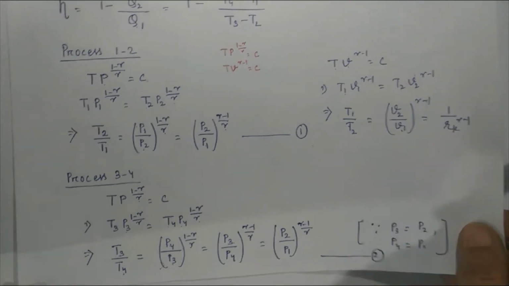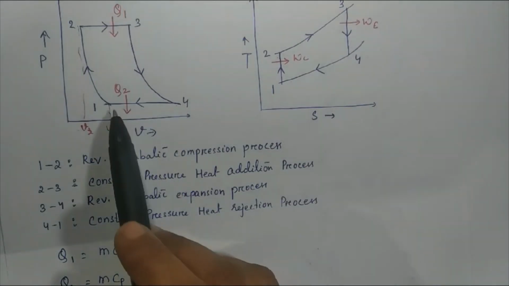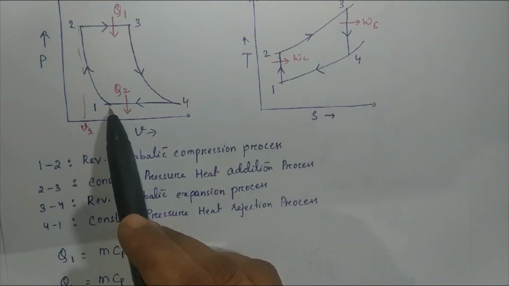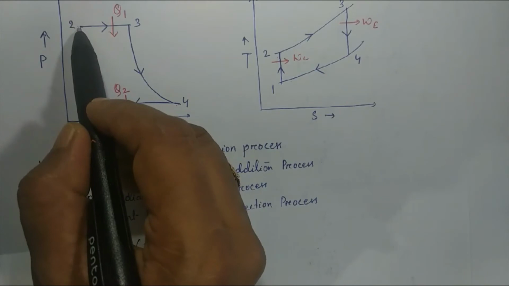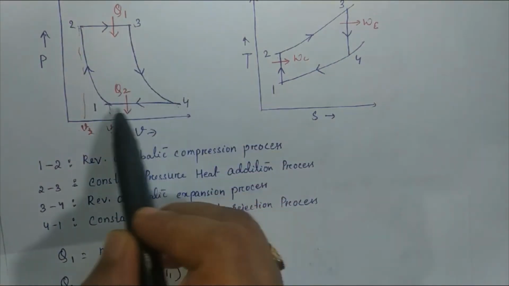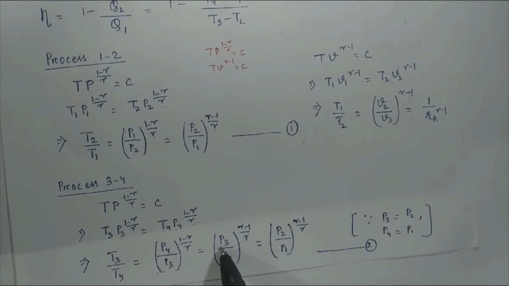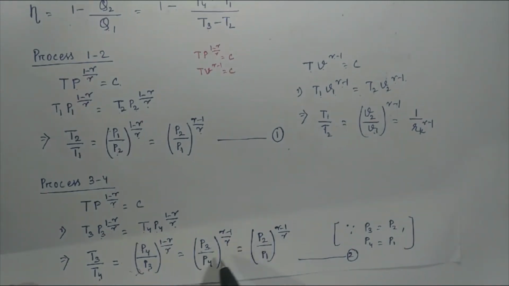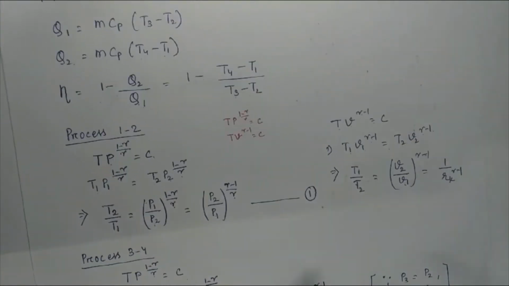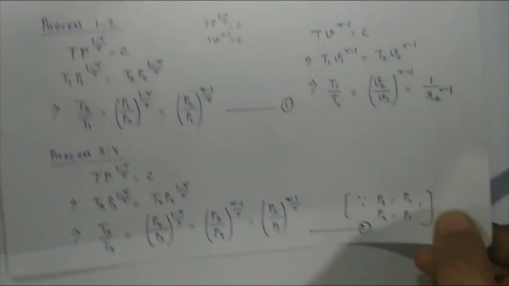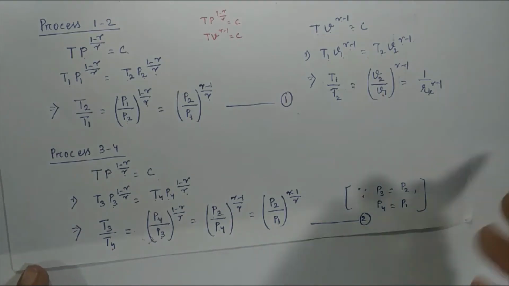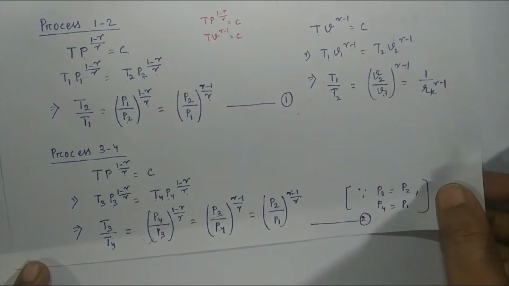We know that the 2 to 3 process and the 4 to 1 process are constant pressure processes. So P2 equals P3 and P4 equals P1. In place of P3 we substitute P2, and in place of P4 we substitute P1. Now we consider this as equation 1 and this as equation 2, and equate the two equations.